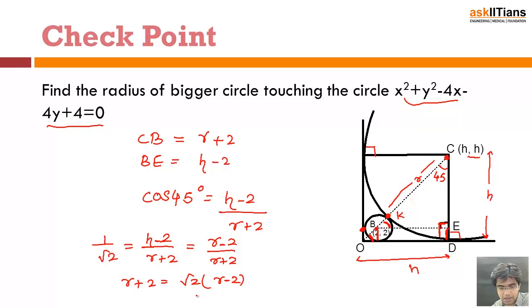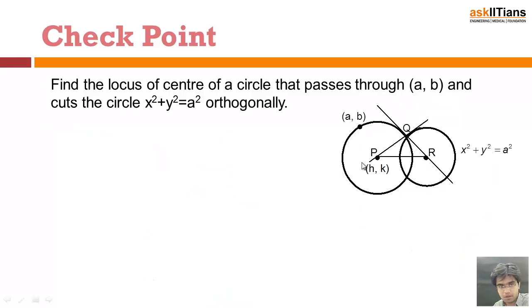That means I get the value of R as 2 times root 2 plus 1 divided by root 2 minus 1. This is your radius. So again, the question was easy. It's just whether you can sense all the information in the figure as well as the question. Let's move to one more question.